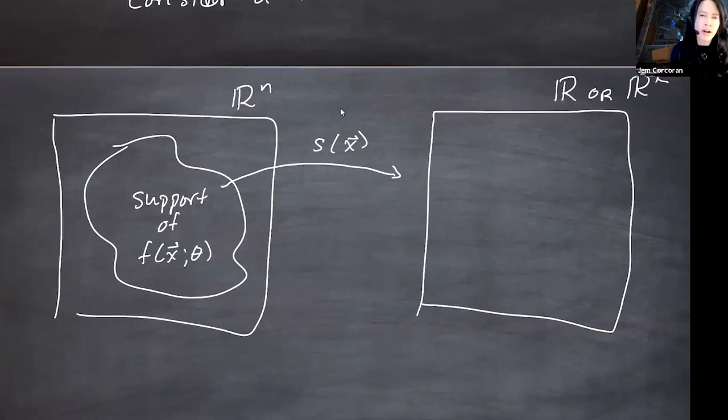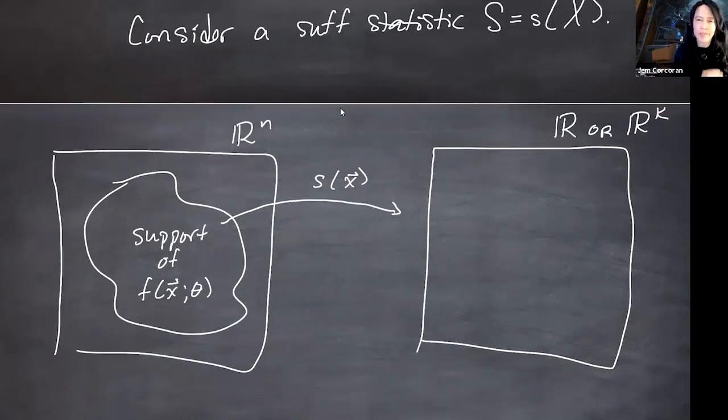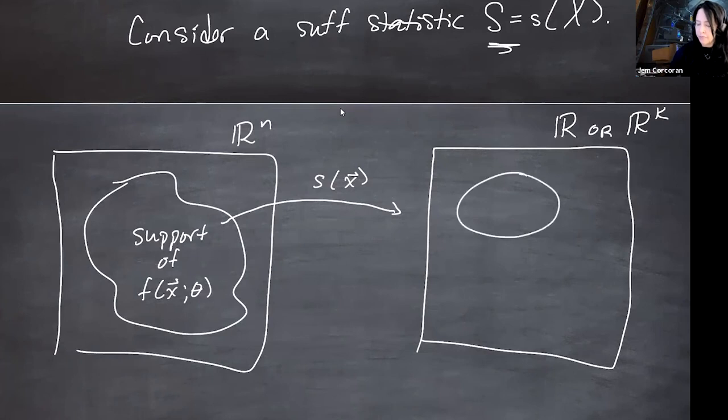So it's going to be R if the sufficient statistic is one-dimensional, but if it's two-dimensional, like the min and the max, then this set on the right would be R^2. So we get some kind of range of the S of X function.